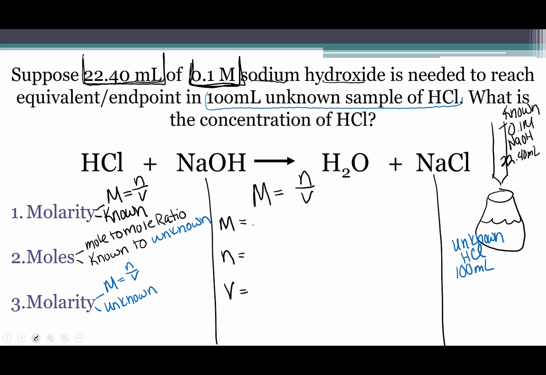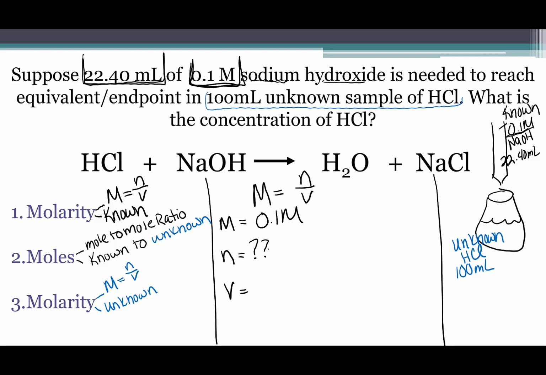So do I know the molarity? I do. I know the concentration, and my problem told me it's 0.1 molar. Is there any mention of number of moles here? No, there's not. Is there any mention of grams that would get us to moles? No, there's not. I wonder if that's what we're solving for.